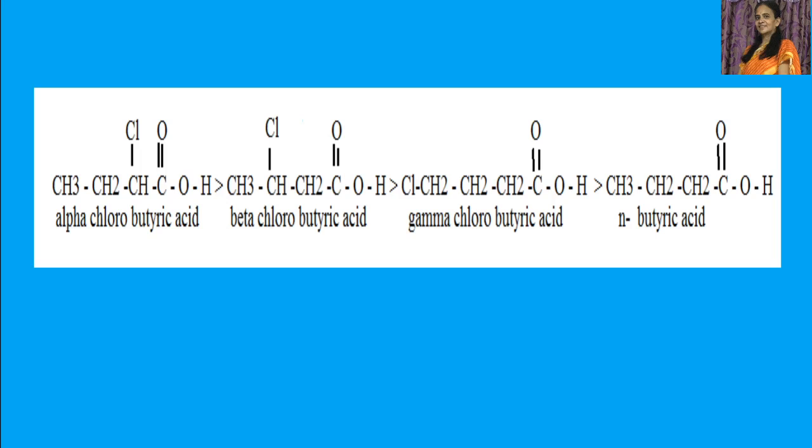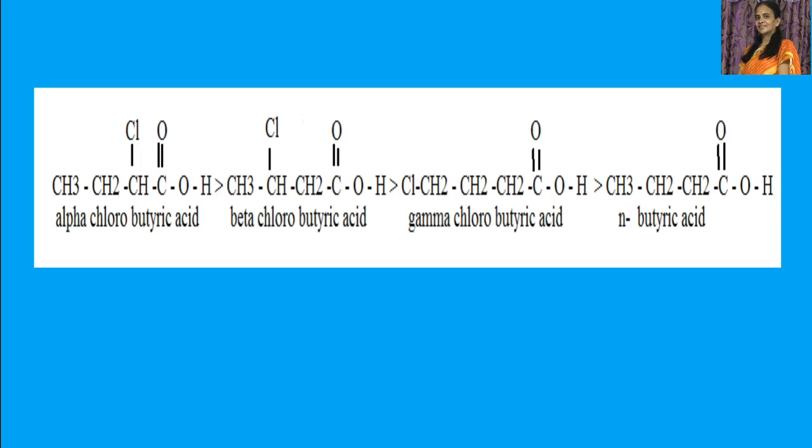From this OH bond, this chlorine is away. From this OH bond, this chlorine is still more away. As the inductive effect causing group moves away from the source, the inductive effect decreases. Therefore, the acidity also decreases.